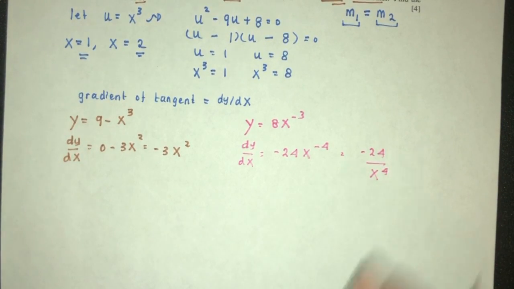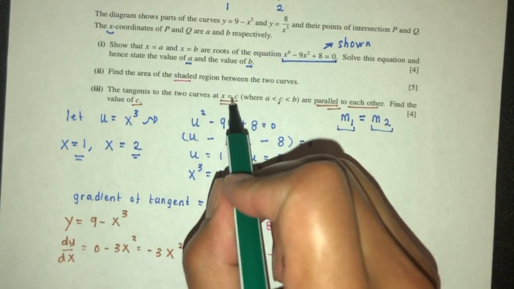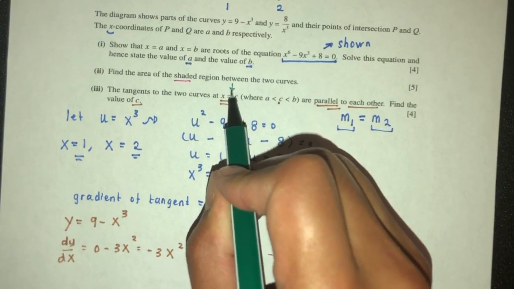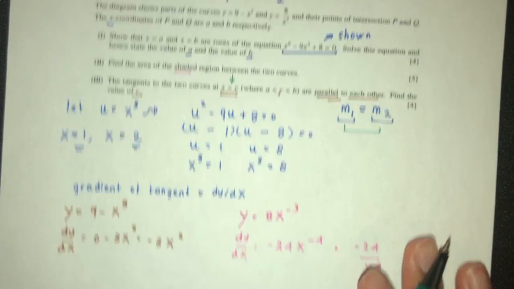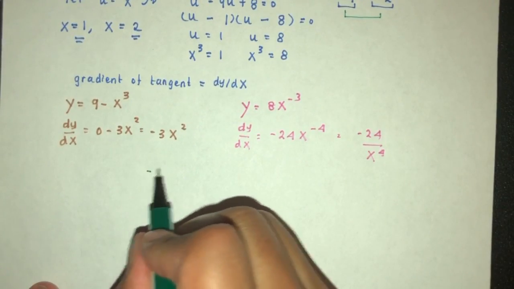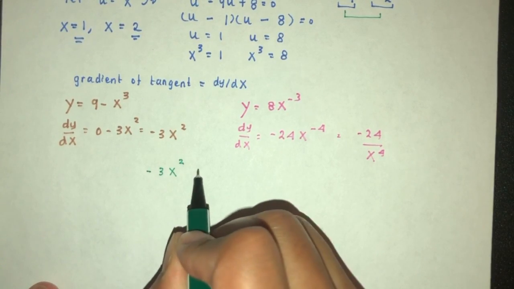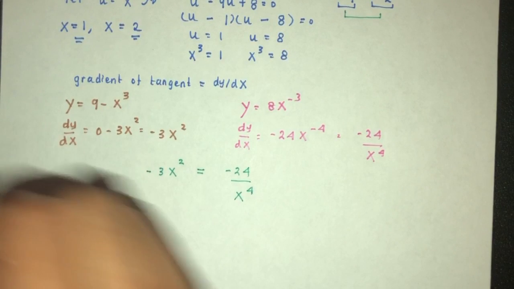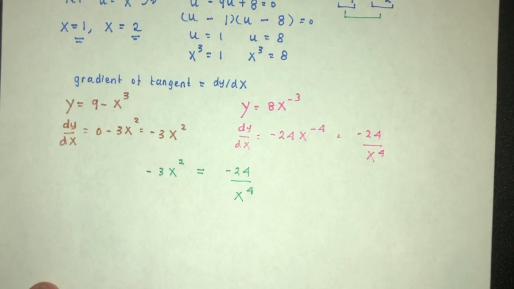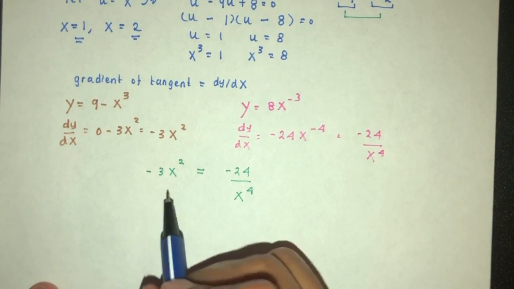But now, we are saying that it is at the point C, which is this x value, such that they are in the same direction, which means the two gradients have to be the same. So we equate them. On one side we have this, and we have to equate it to this side. Right? Now we have to solve for the value of x.